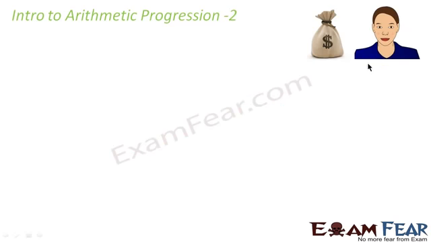This is Aditi. And Aditi has got a job. Her initial salary was 10,000 rupees per month. And now she was told that she will get an increment of 1,000 rupees every year.